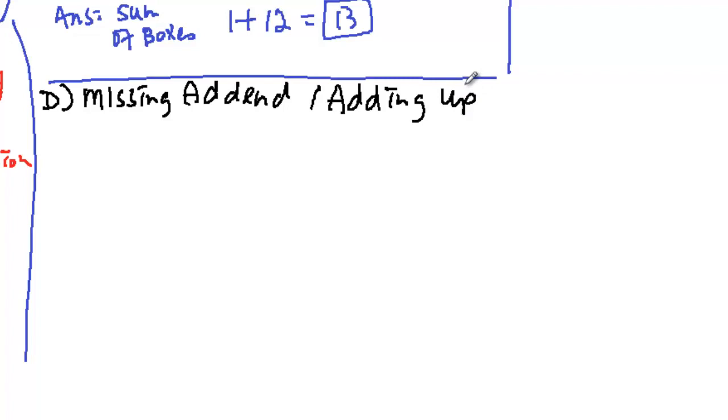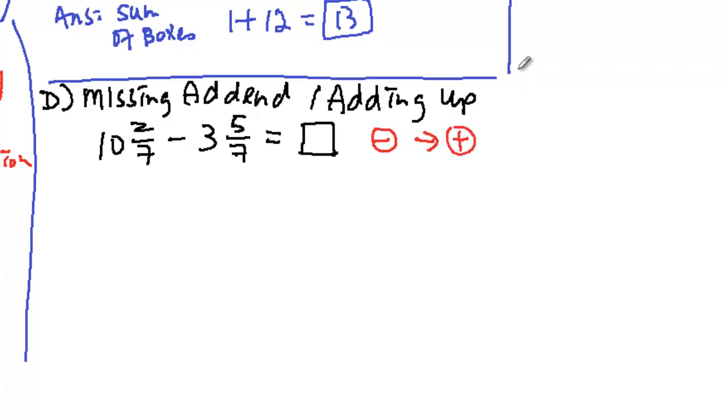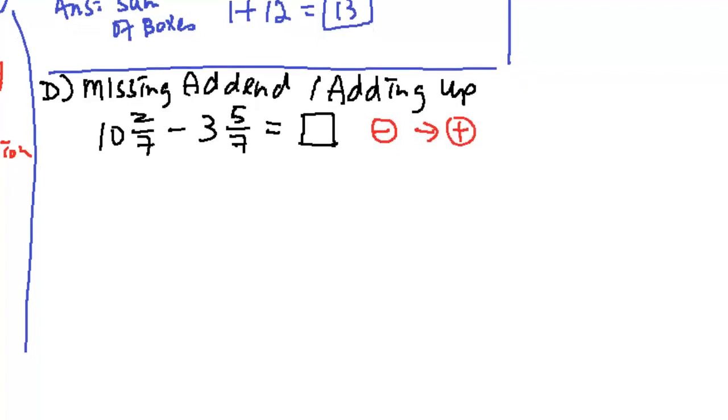We started with the same question, which is 10 and 2/7 minus 3 and 5/7 equal to something. And because we need to change the subtraction to addition, we are going to have 3 and 5/7 adding something will equal my answer, which is 10 and 2/7.